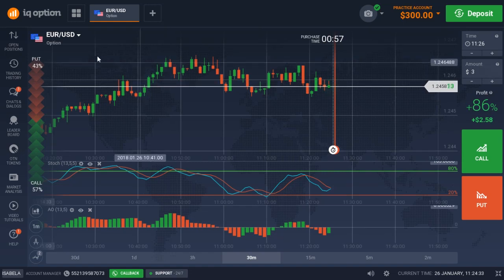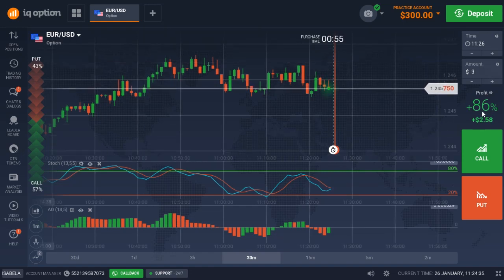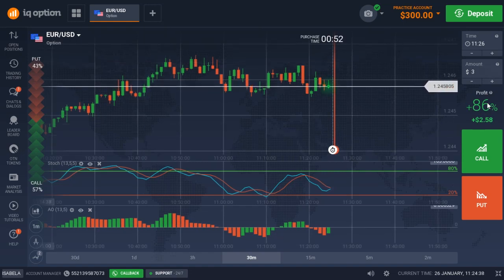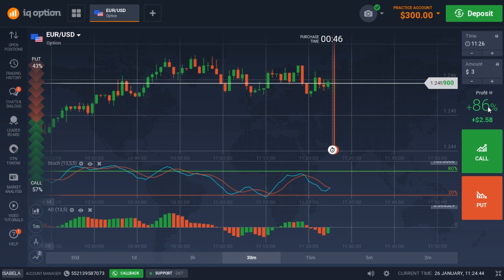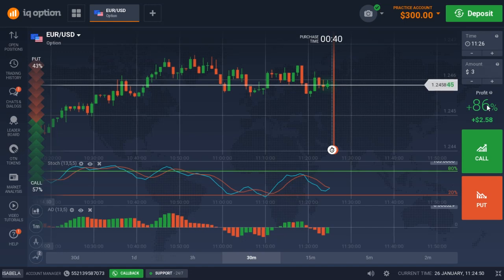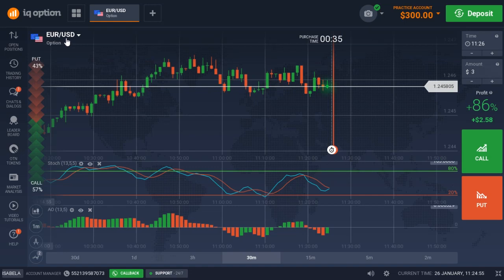For example, the Euro USD about half an hour ago was at about the 75% margin, and I don't trade it. And it sometimes goes up to 93%. Okay, so be aware of that. It changes during the day. So choose the best pair based on the payback, but always one of those 9 pairs that I told you.